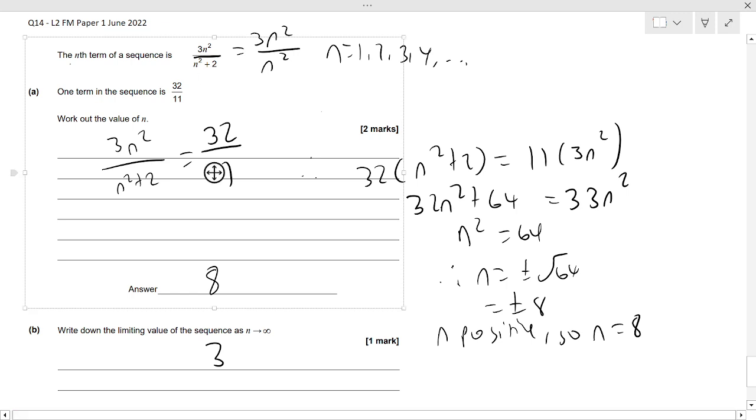Hang on a second. Uh, and actually, this will then lead to cancellation. Where's my pen?